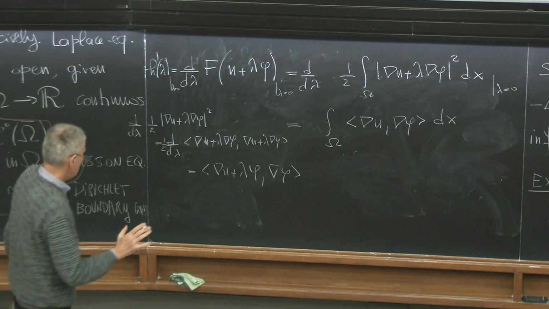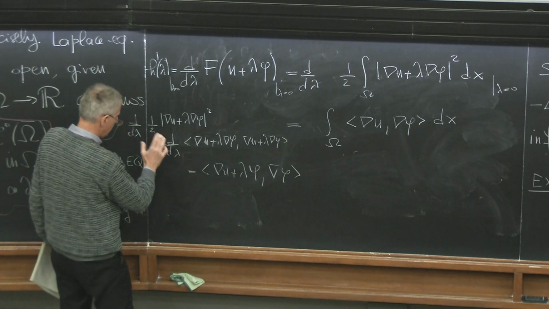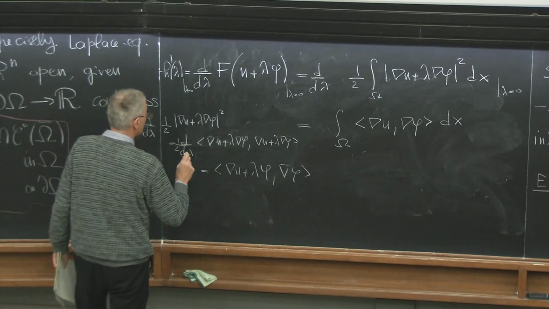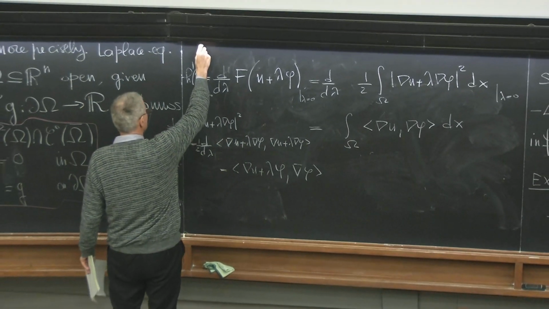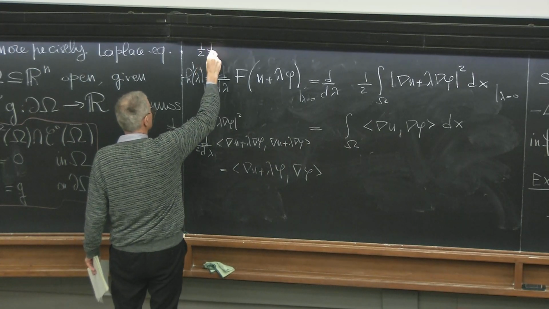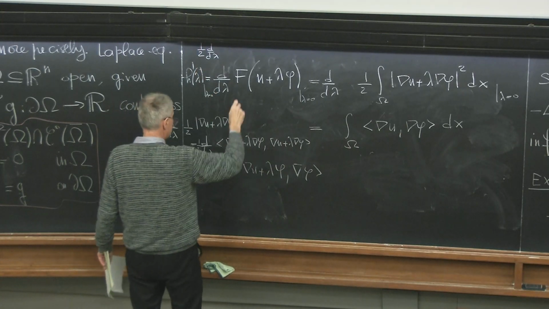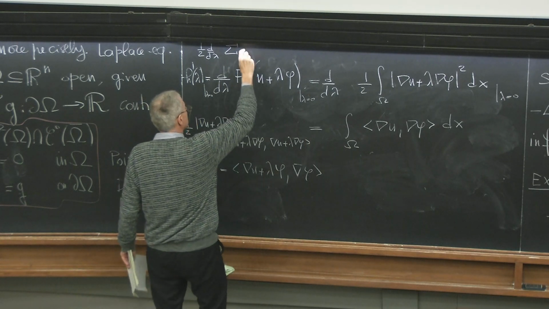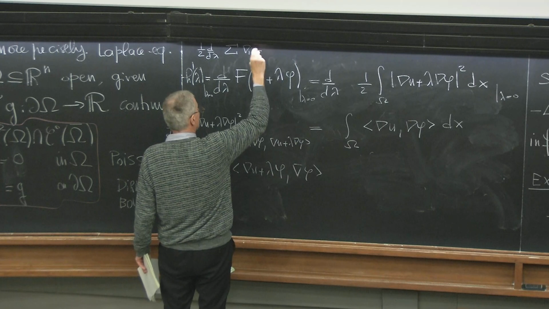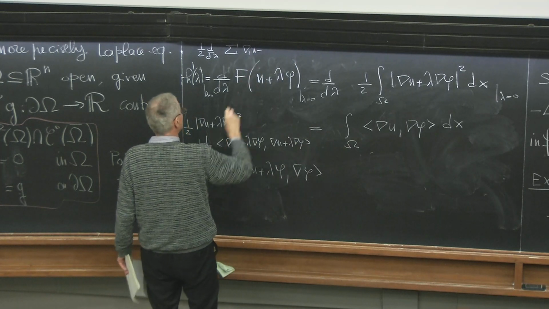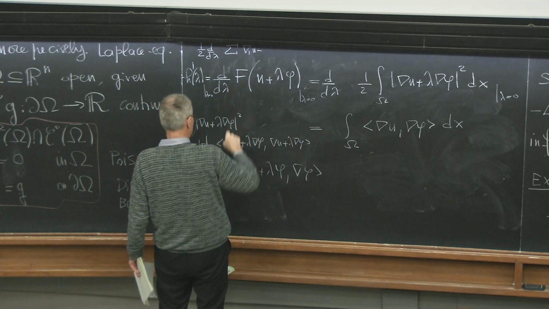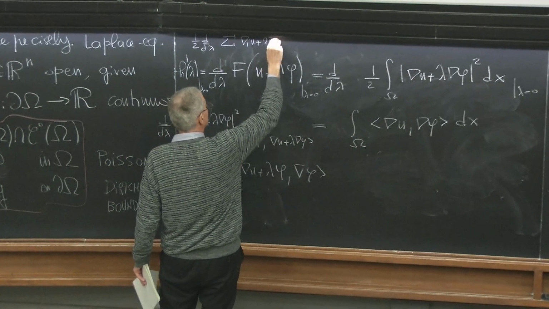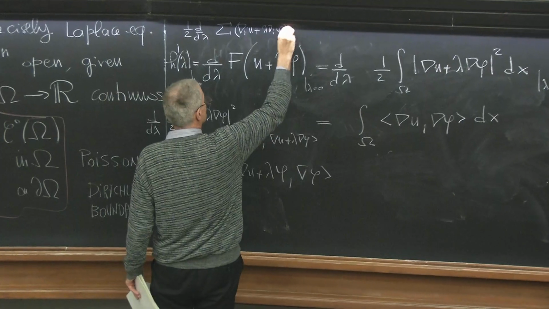Okay. So now I have 1/2 in front. I have to differentiate this scalar product. I could write it in components if you want. It is 1/2 d over d lambda of the sum of the squares of the components, grad_i u plus lambda grad_i phi, squared.